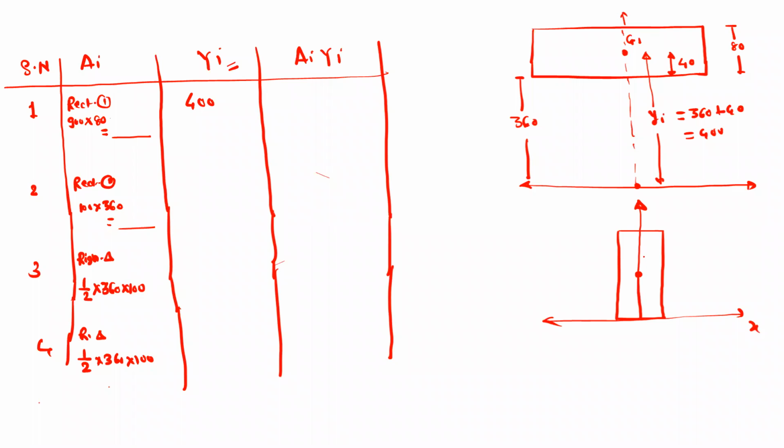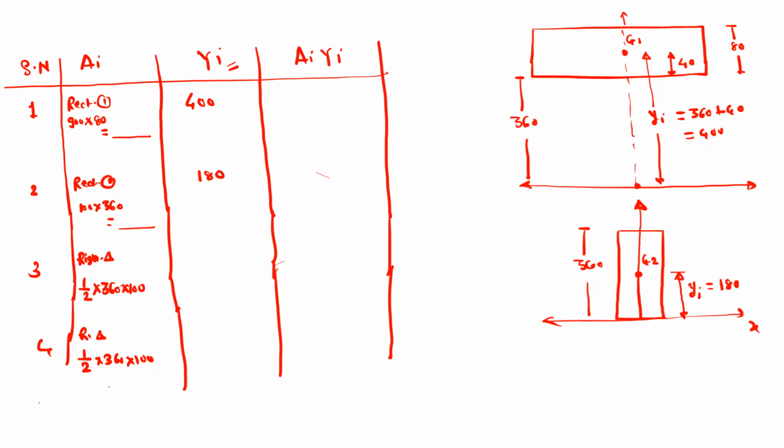This is the center of gravity for rectangle 2, so this is G2. This distance is nothing but the y coordinate, the distance along the y-axis. So this is yi. This height is 360, so this will be 360 by 2, so it is 180. So for rectangle 2, yi is 180.